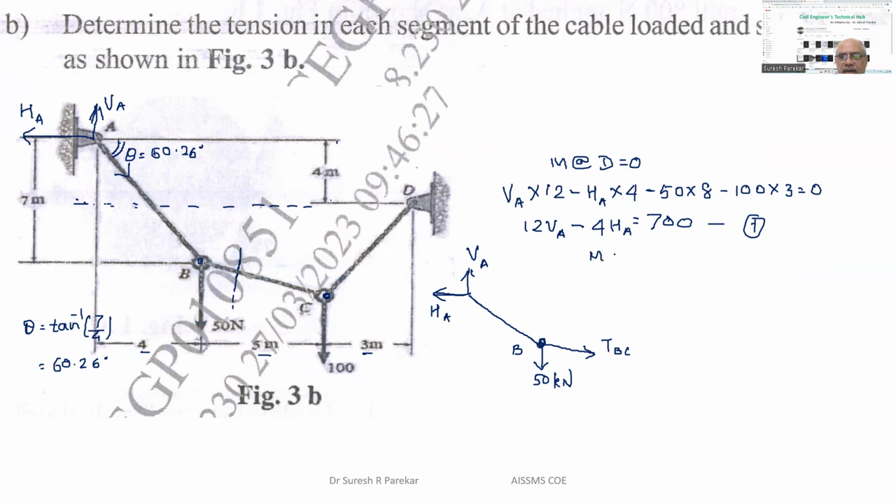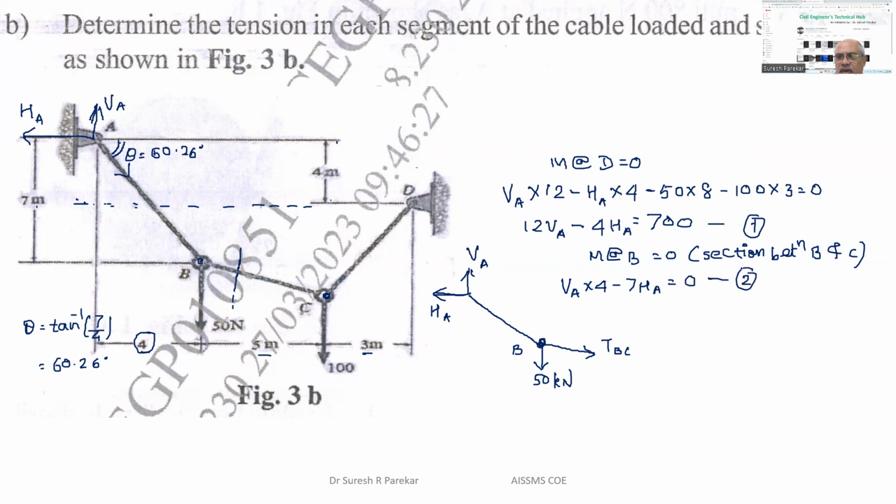Moment about B equal to 0, with the section taken between B and C. Due to VA, we have VA into the horizontal distance between A and B, which is 4 meters, and due to HA, we have 7 meters, so minus 7HA equal to 0.